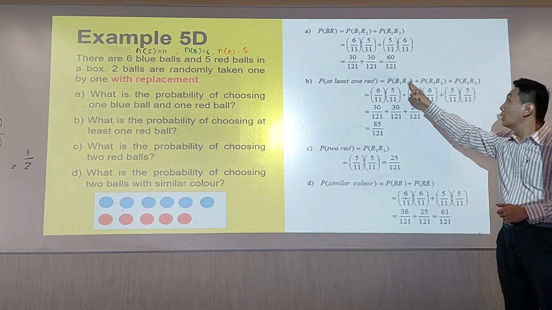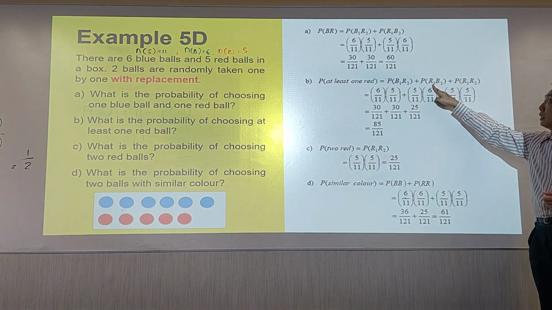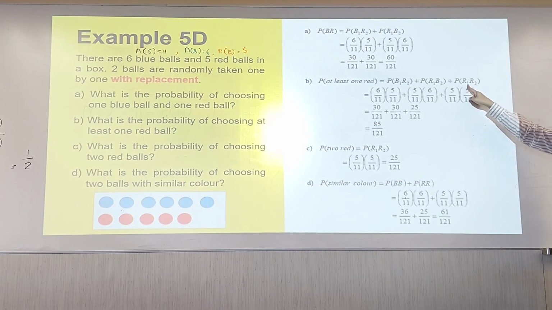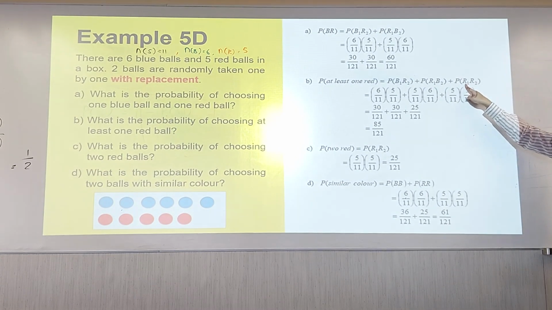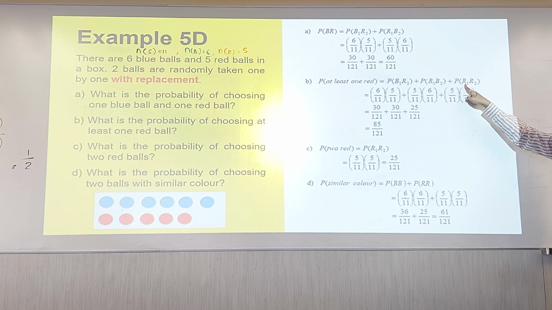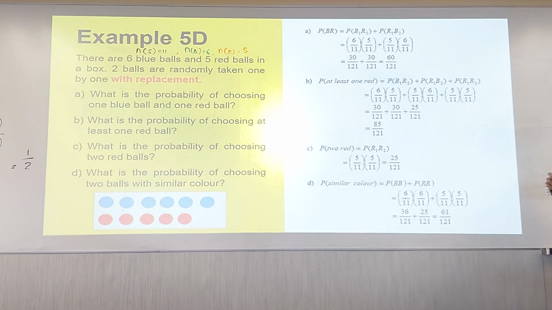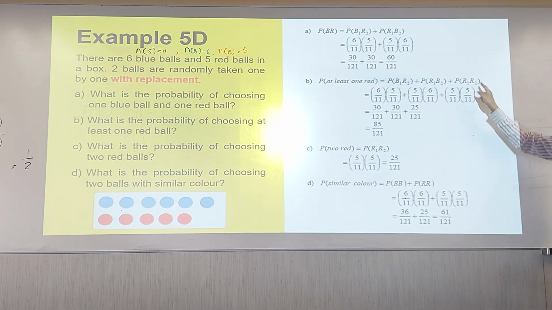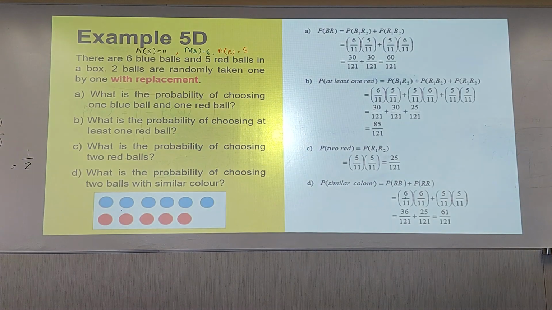Another outcome can be first ball is red, second ball is blue, also fulfills. Or another outcome is both balls are red. If both balls have the same color, we should only count one time.